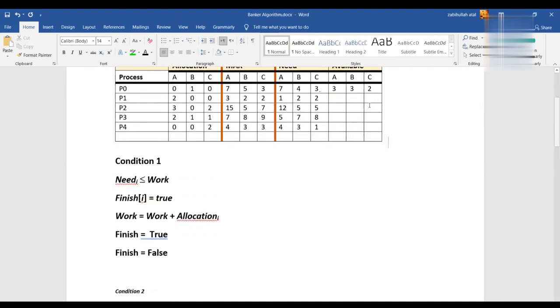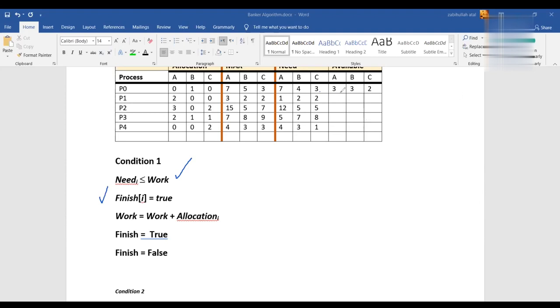Okay guys, so according to condition number 1, need is less than or equal to work. If such a case becomes true, then P_i's finish will be true. Okay. Let's find this case.